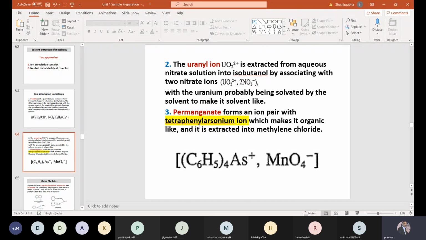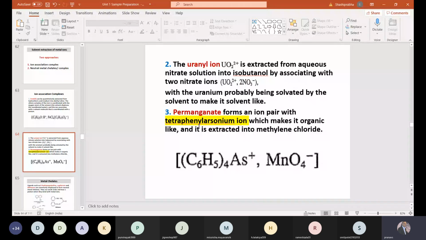So when they added this substance, which they took in benzene because it is not water soluble and is soluble in organic solvent, to a solution of KMnO4 in water, they just added it. Benzene is no more used now, but at that time they used benzene.